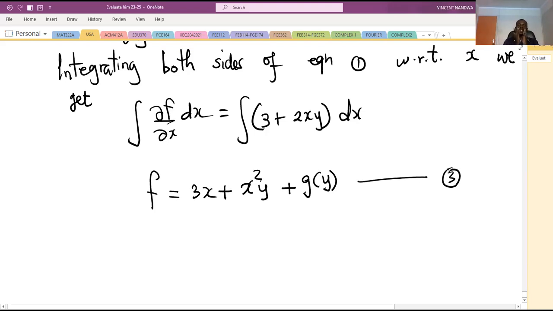So the interest will now be to find the value of this constant of integration. If we know the value of g of y, then we'll have our f.